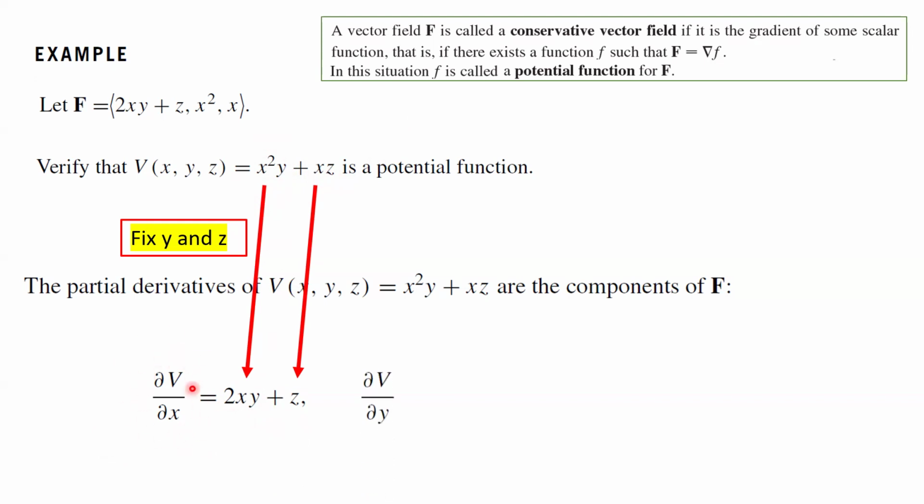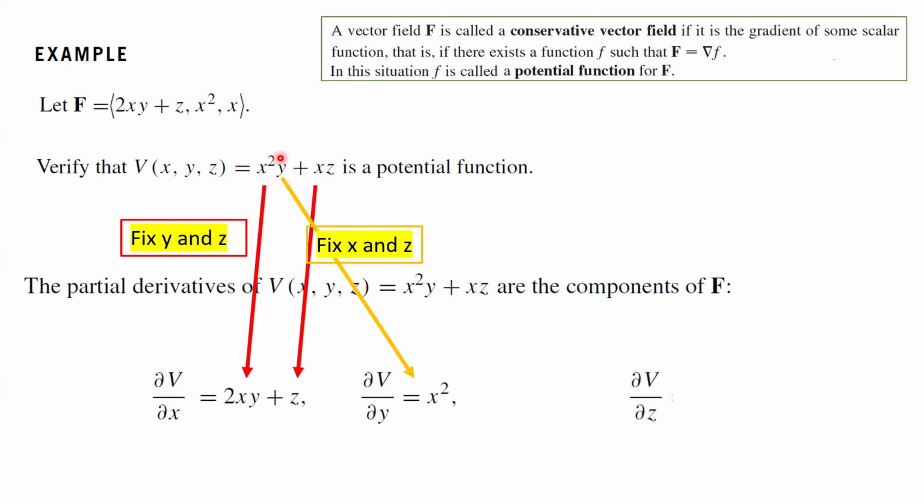Now let us calculate the partial derivative of v with respect to y. In that case, you have to fix x and z. This is equal to x squared. Why is that? Because in v, you only have one quantity that has y in it. The derivative of xz with respect to y is equal to 0. You only take the derivative of x squared y with respect to y, which is x squared.